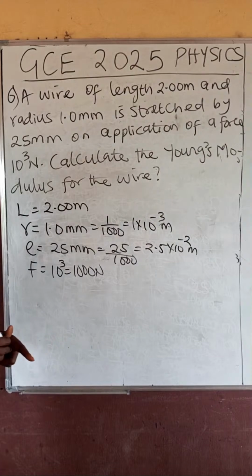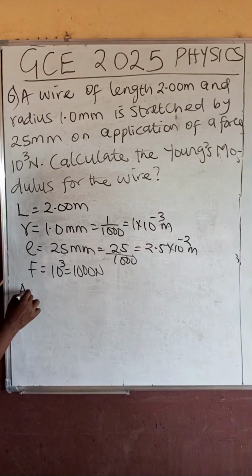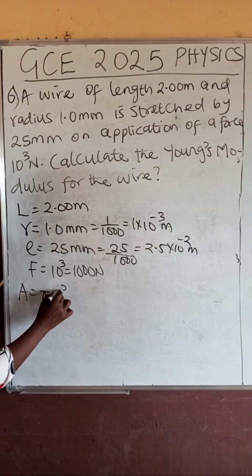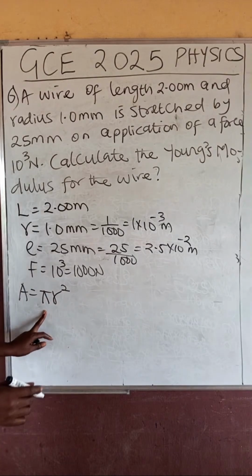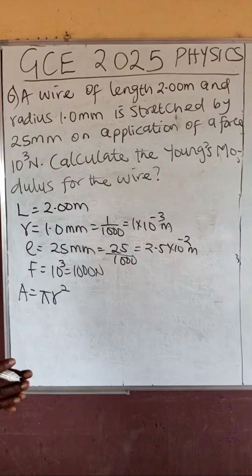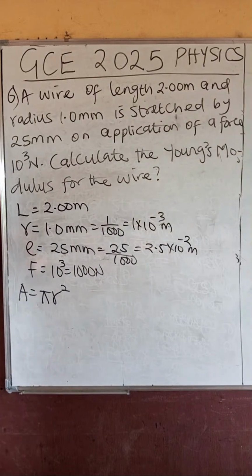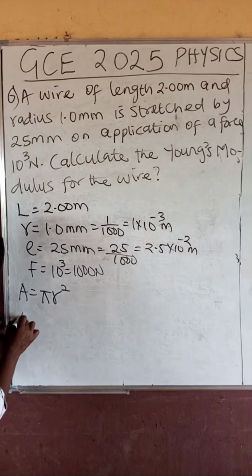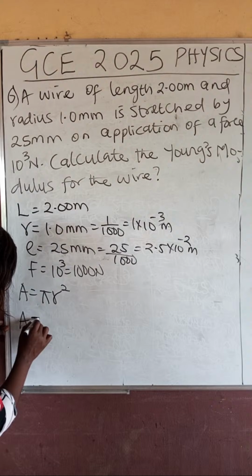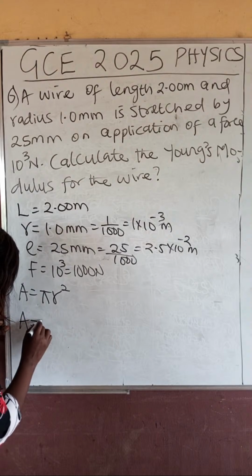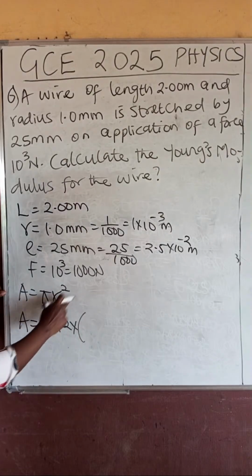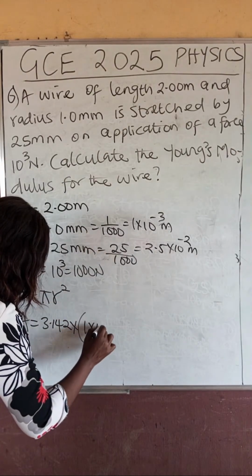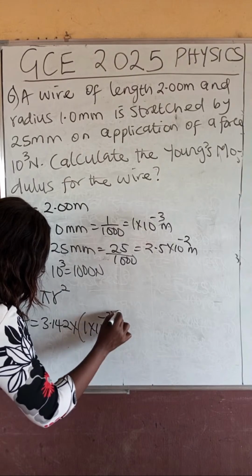Now, one thing that we don't have in this question is area. There's no area, but we can use the area of a wire, which is pi r squared. Pi is 22 over 7, which when you divide becomes 3.142. So A is equal to 3.142 times, r is 1 times 10 raised to the power minus 3, all squared.